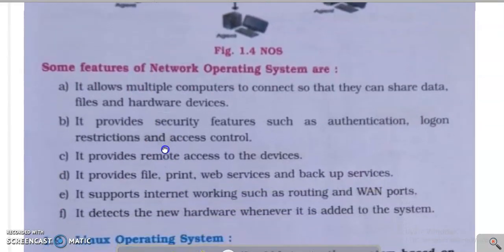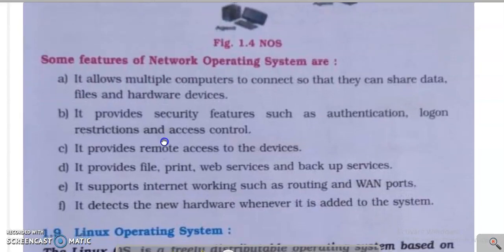We have already discussed computer networks, where we can share files and resources, and resources means hardware devices like printer, scanner, web cameras, and extra devices. So it provides security features such as authentication, logon restriction, and access control.